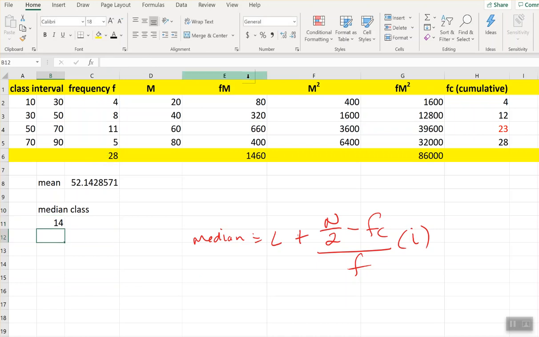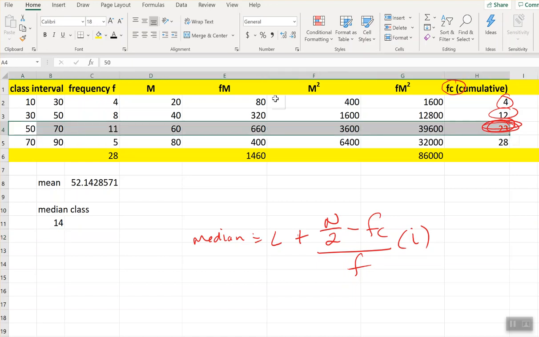So that means the median class contains the 14th observation in the frequency. So I look at the cumulative frequency, and I see the first one is 4. Then the next one adds another 8 to give me 12, and 14 is not contained in this class, but the next one, adding another 11, gives me 23. So I know that 14 is contained in this class, which is class 50 to 70. So I'm just going to highlight that.